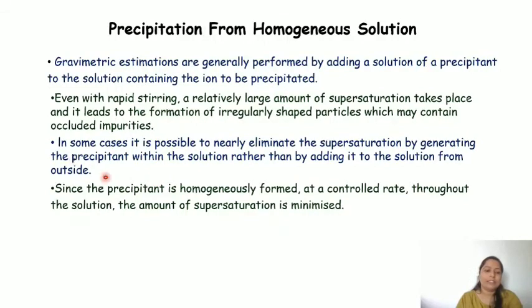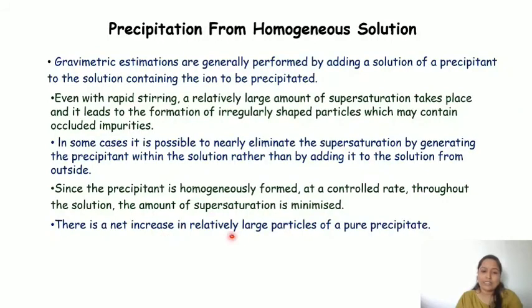If we generate the precipitant within the solution, due to that the amount of supersaturation is reduced. There is a net increase in relatively large particles of a pure precipitate. When we generate a precipitant within the solution, then there is a net increase in the relatively large particles of the pure precipitate. If we add precipitant from outside the solution, then the particles of precipitate are irregularly shaped.